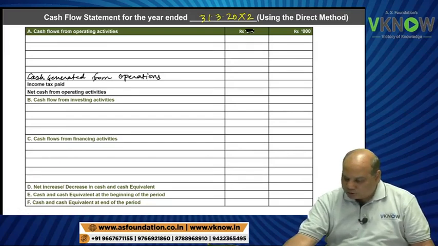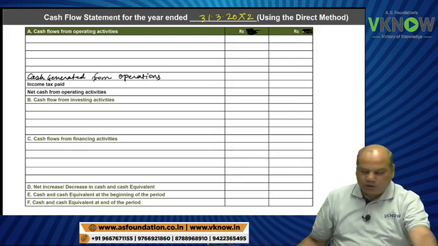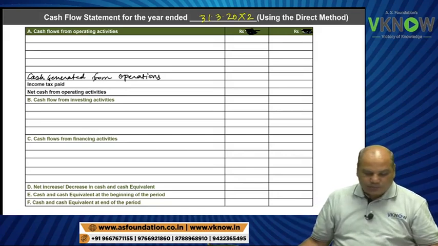Right hand side 2 columns: rupees, rupees. And then you write down point number A.